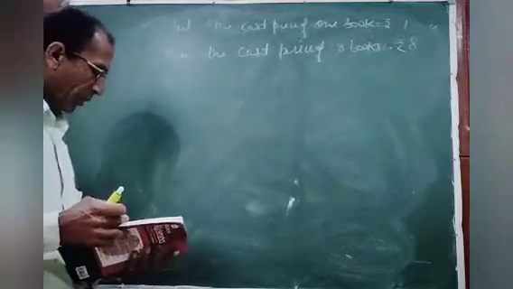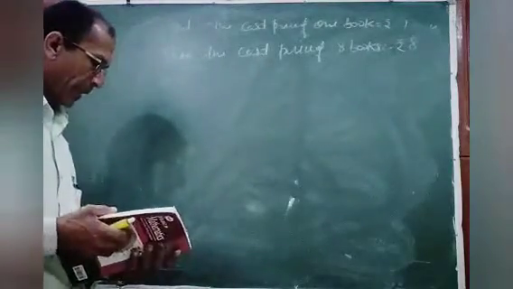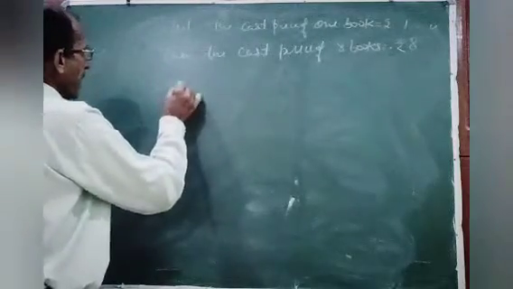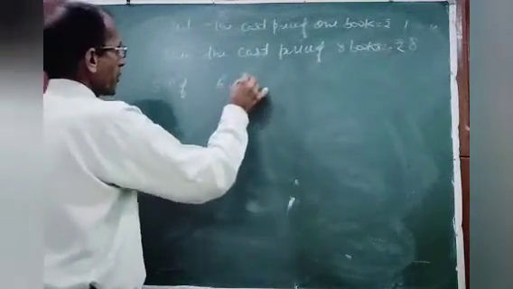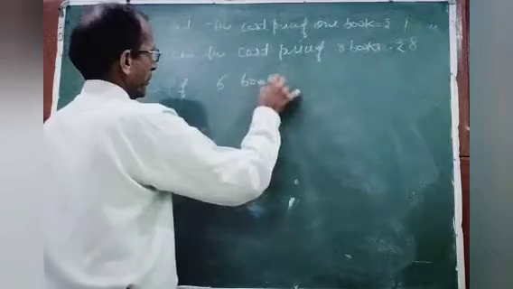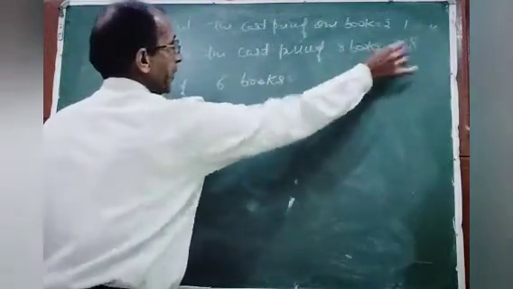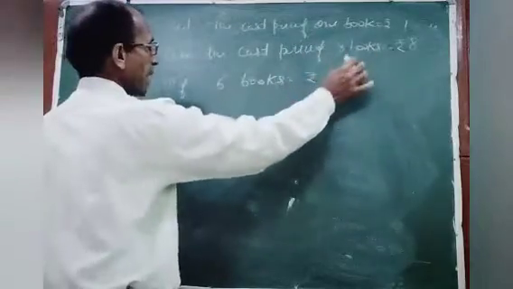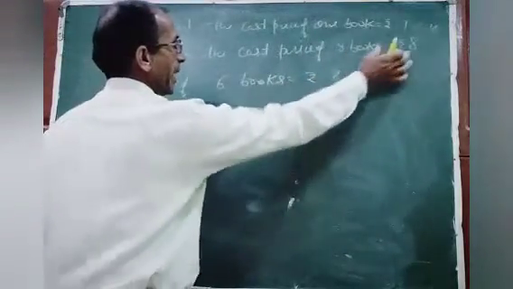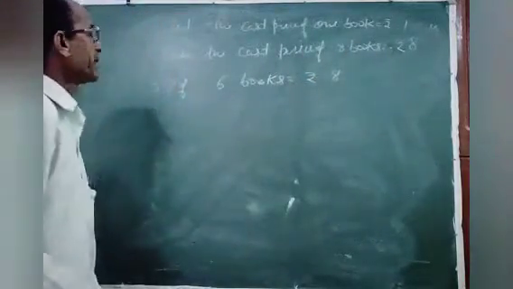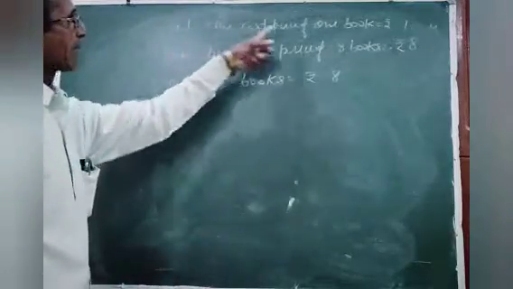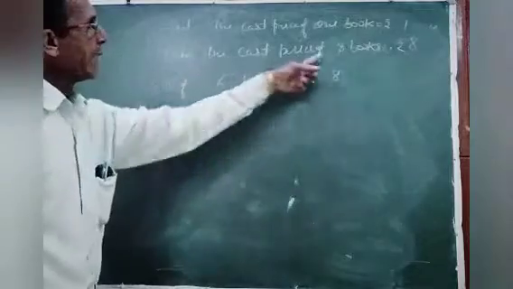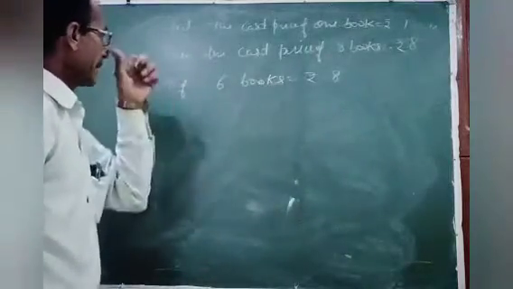The cost price of 8 books is equal to the selling price of 6 books. Selling price, SP, of 6 books is equal to the cost price of 8 books. The cost price of 8 books is rupees 8.